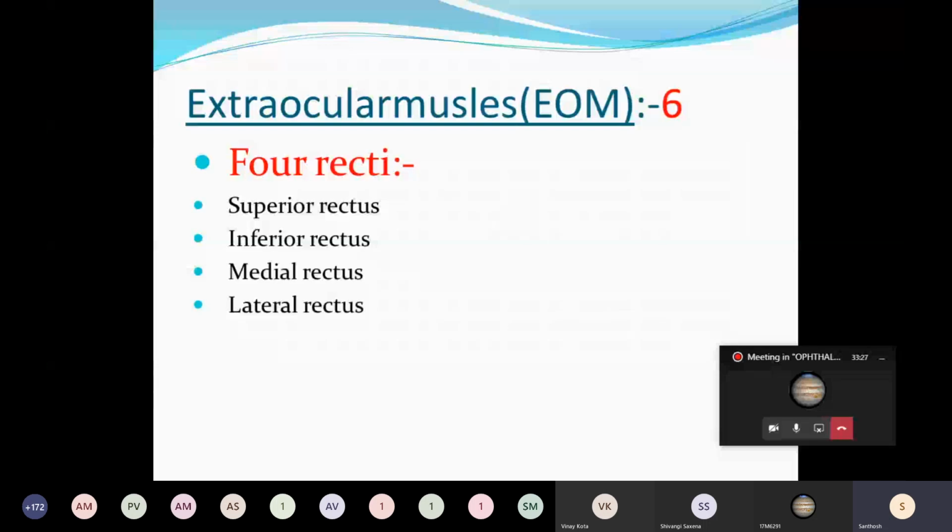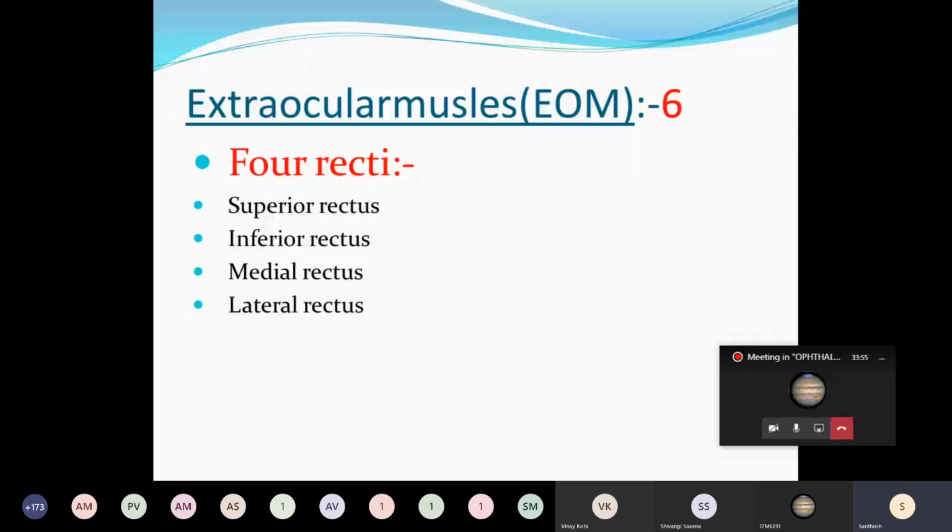And how many extraocular muscles are there? Very easy to remember. 6 muscles. 4 are recti, while 2 are obliques. Out of the 4 recti, according to their placement, one is the superior rectus, next you have the inferior rectus, medial rectus and the lateral rectus.